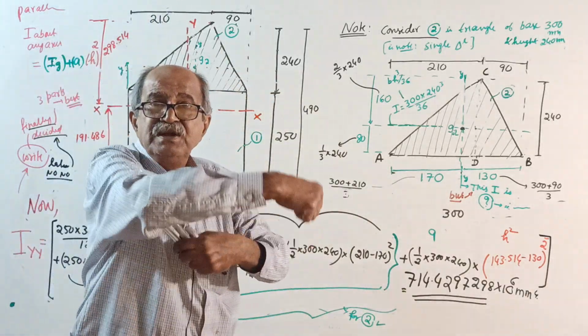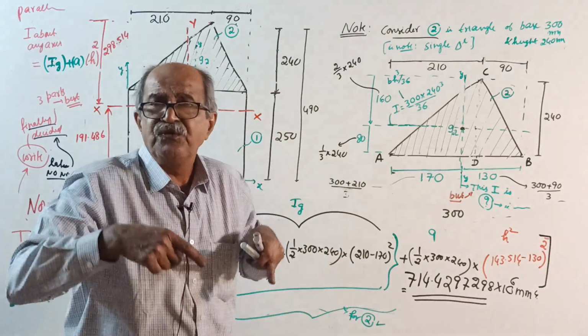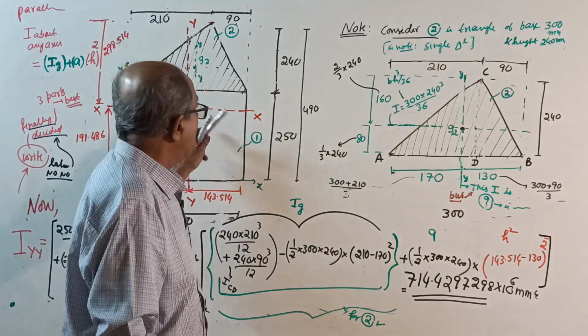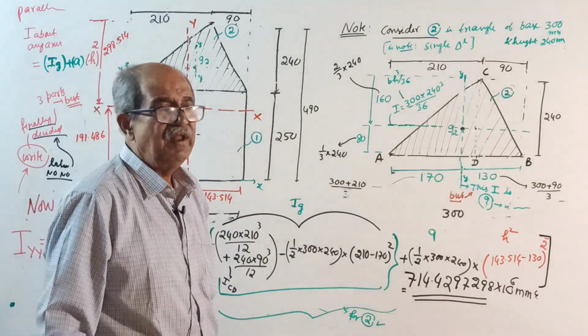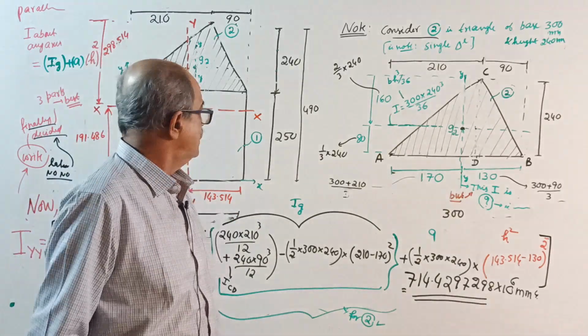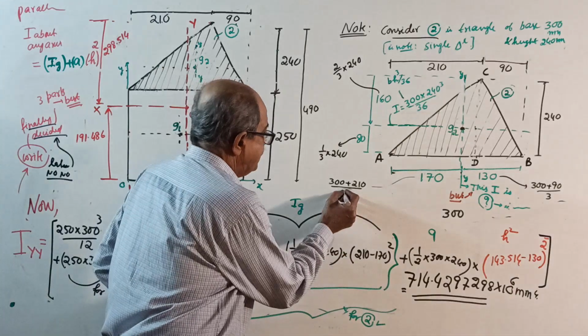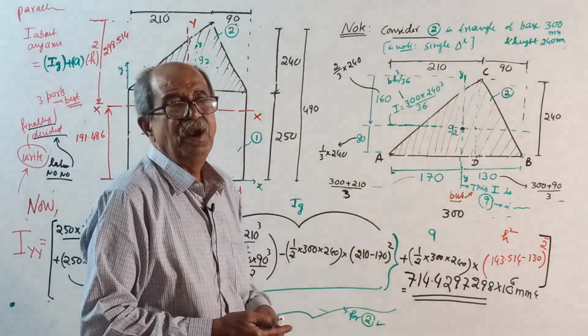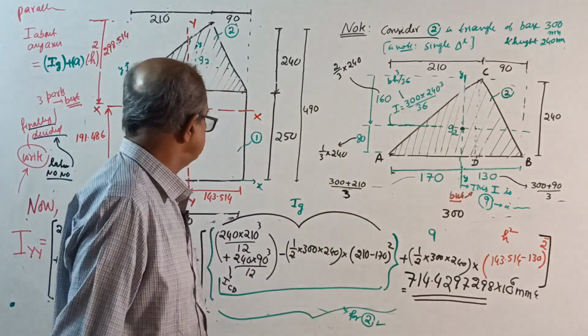First you apply the reverse parallel axis theorem, then proceed further to the regular parallel axis theorem. Then I will ask you, do you want it? No. 100% no. Divided by 3, okay. So it is advisable not to go for such things.